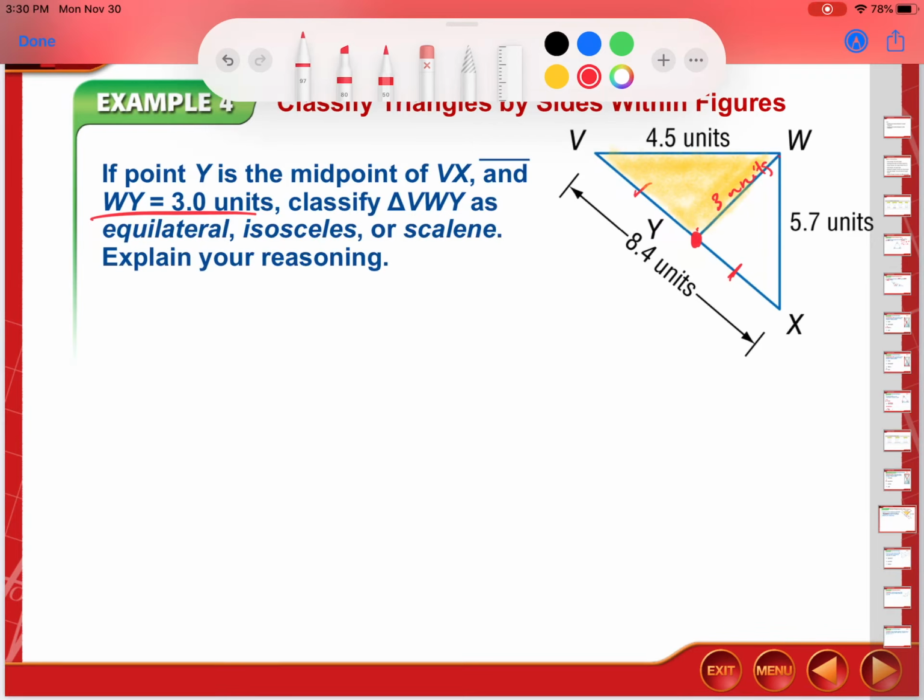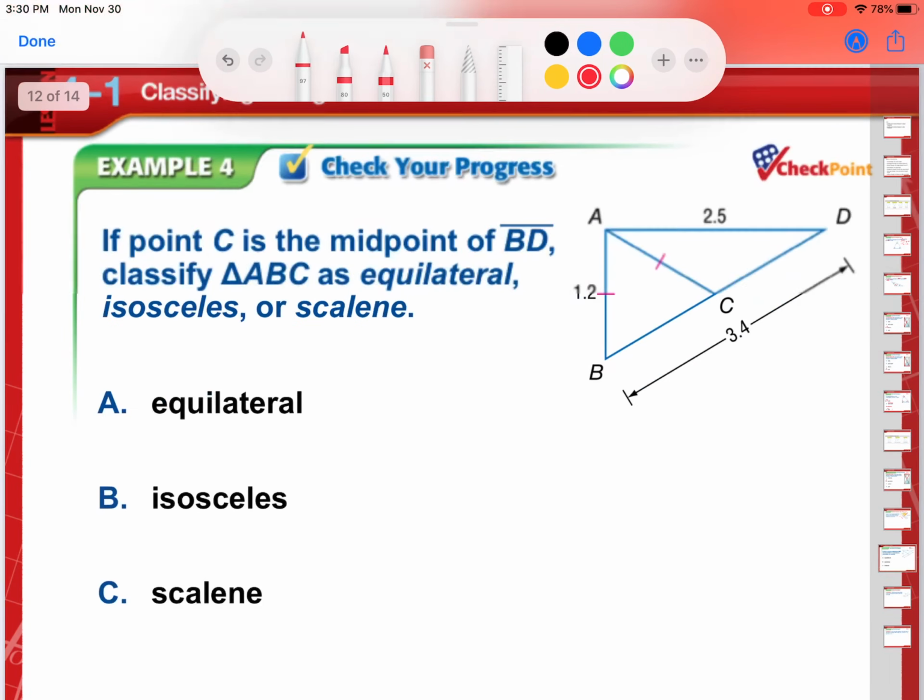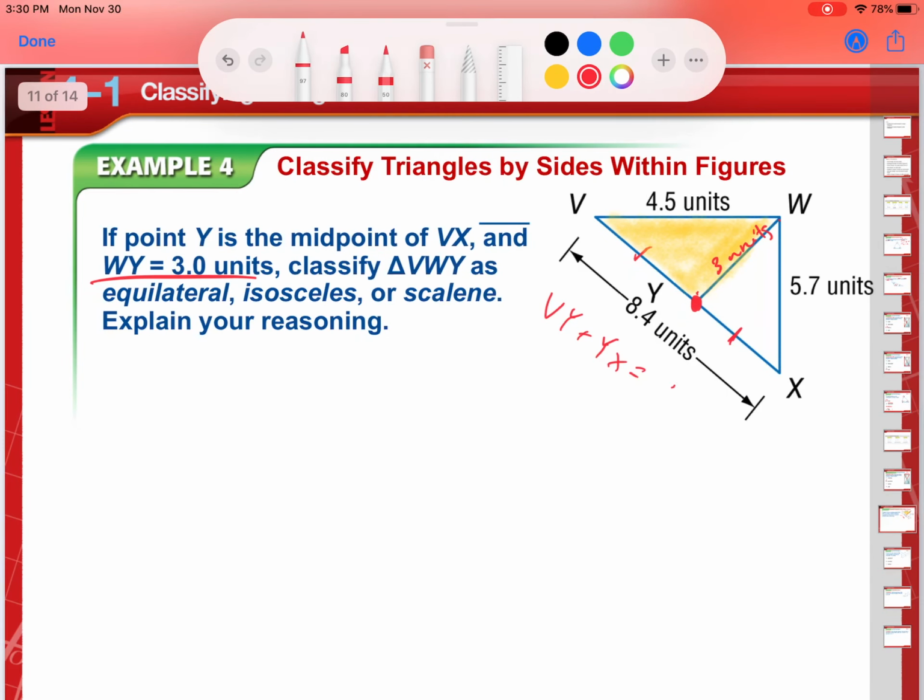And then we also know that VY is equal to YX, and added together, they equal 8.4 units. So if I know VY plus YX equals 8.4, and these two are the same, then I could say each of these equals 4.2.